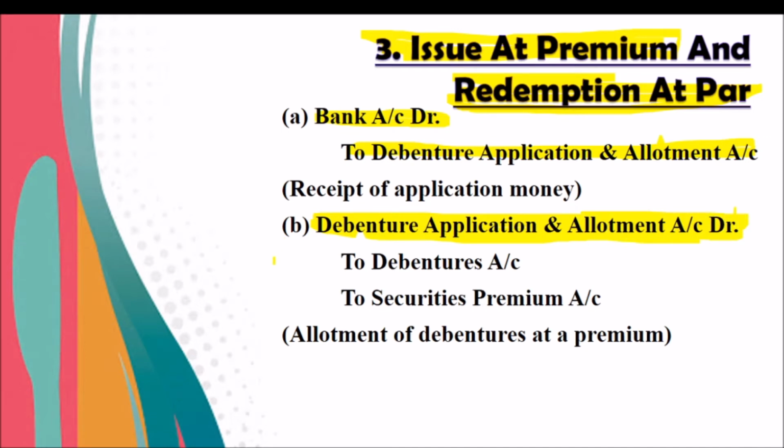So the entry will be debenture application and allotment account debit to debentures, to securities premium account. The amount will be transferred to debentures and the premium amount transferred to securities premium reserve account.